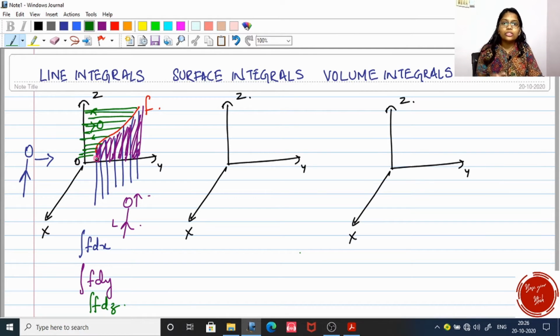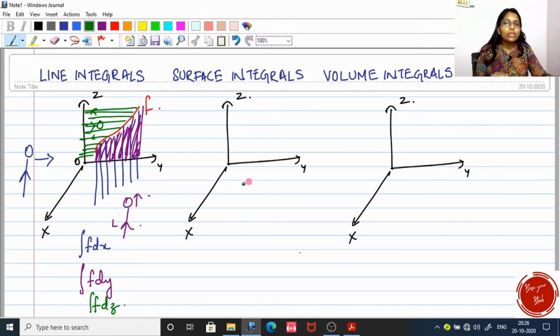One thing you have to make sure is that whatever lines you draw from the curve should be perpendicular to the axes and not slanting lines. Just draw perpendicular lines and get the area of that particular shape. So all these three are got from these three line integrals.